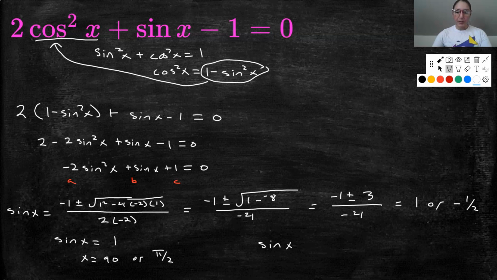Our other solution was negative 1 half. For negative 1 half, then, x would equal 300. Or, if we hit it on the reflection, that would be 240.